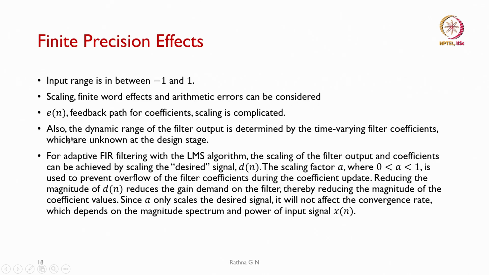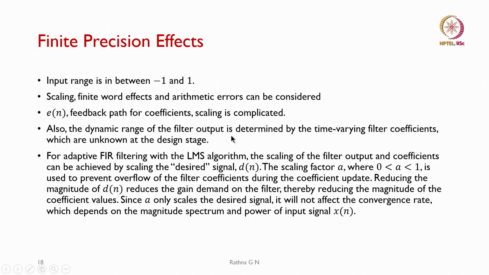Also, the dynamic range of the filter output is determined by the time varying filter coefficients, which are unknown at the design stage. In the FIR filter we computed our coefficients, and we knew the maximum precision we would get. Here, because our weight function is updated on the go, the filter coefficients are time varying, and we do not know at the design stage whether they are going to overflow or underflow.